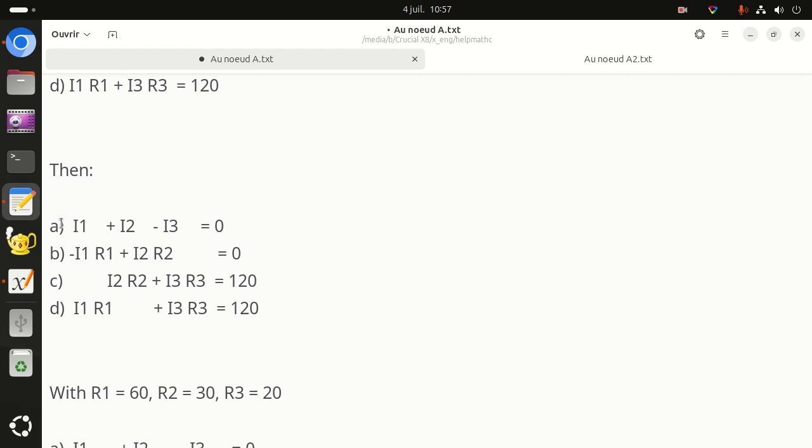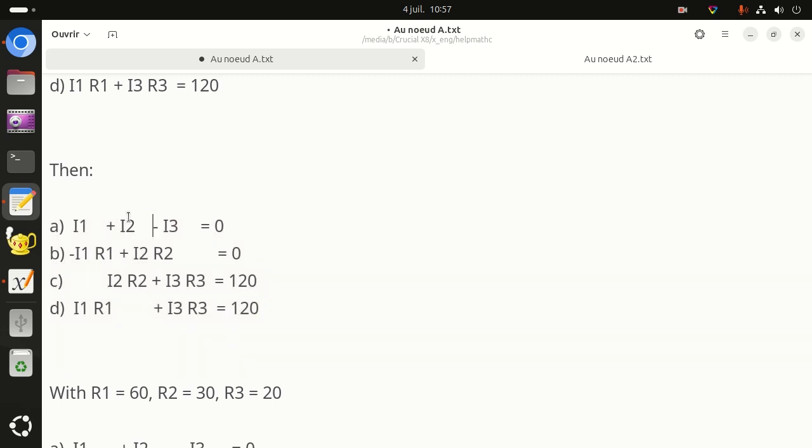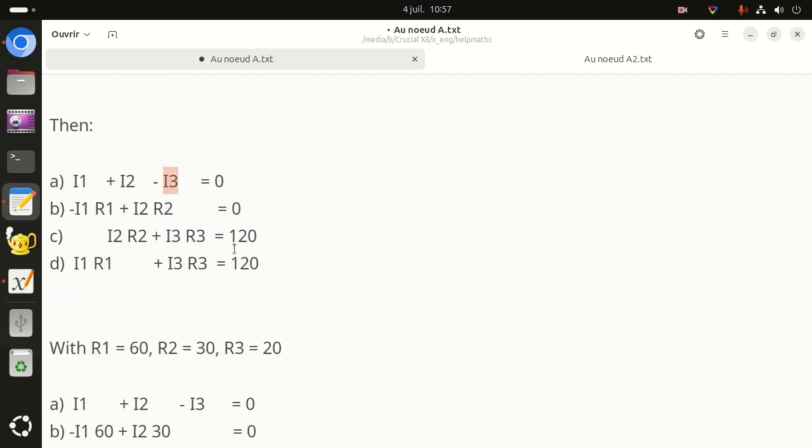Now you have four equations, 1, 2, 3, 4, and three unknowns, I1, I2, and I3.